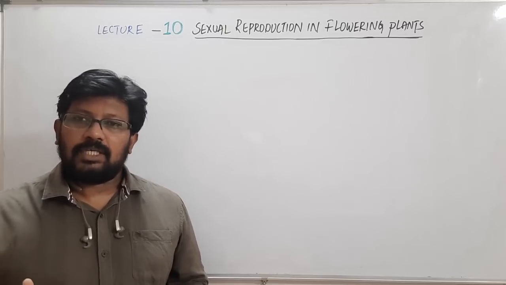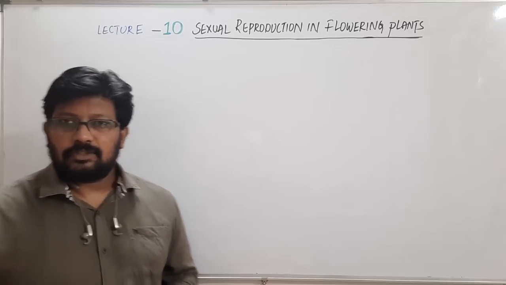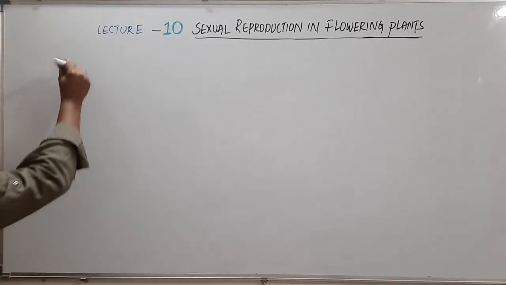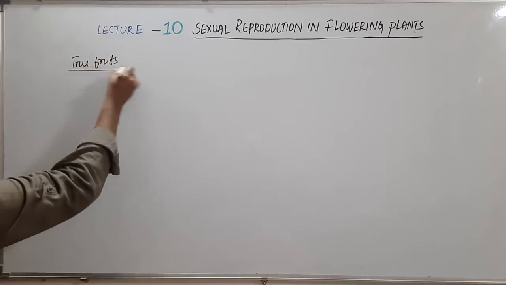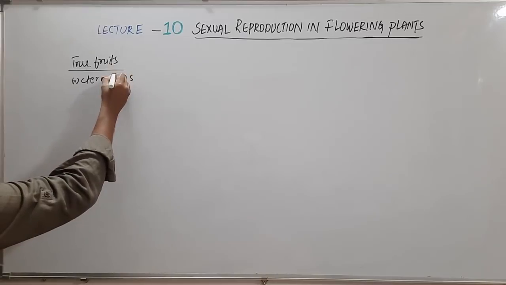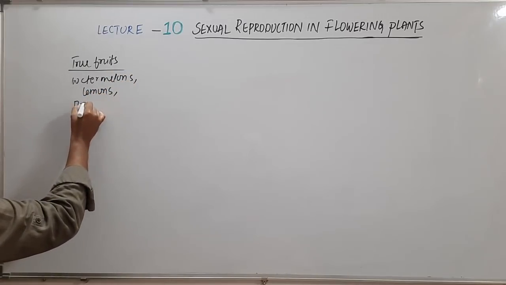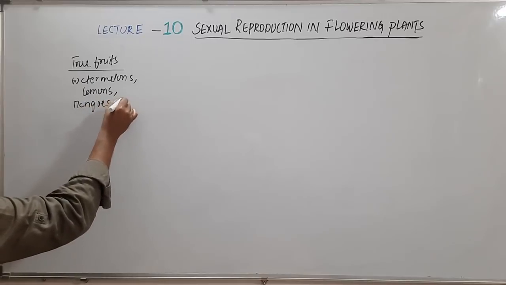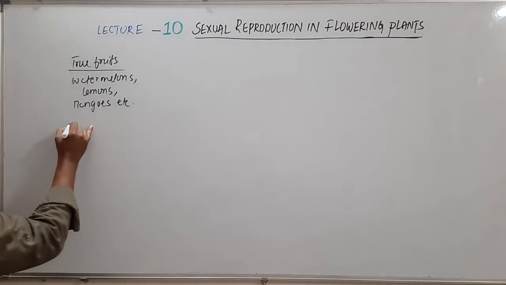So the ovary will form the fruit in true fruits. Examples you can take are watermelons, lemons, and mangoes.